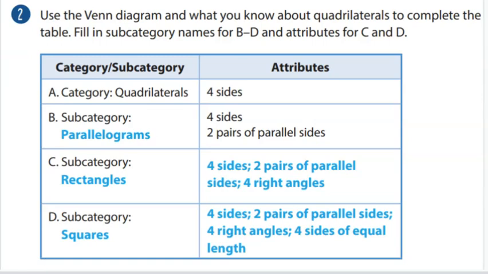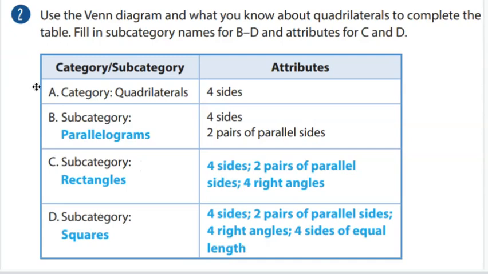They have more rules they follow, is a square. And again, a square is going to have all of these other things up here. You can see it's a four-sided figure, like a quadrilateral, two pairs of parallel sides, like a parallelogram, four right angles, which makes it a rectangle, and also four equal sides.